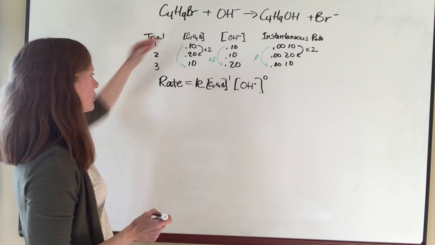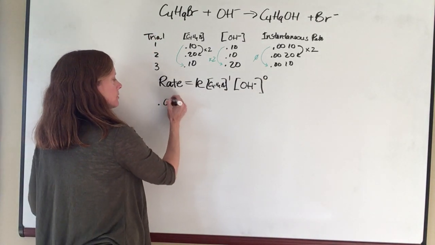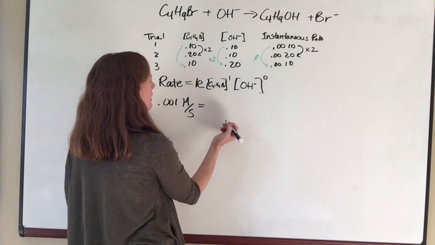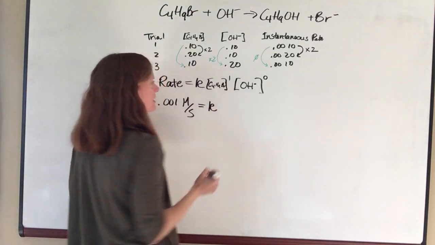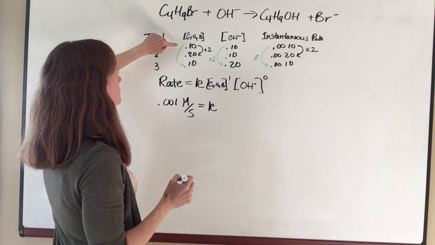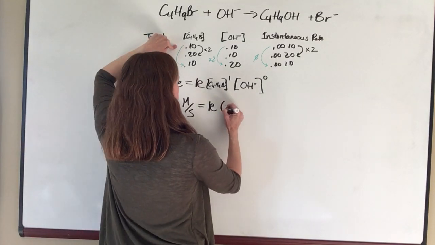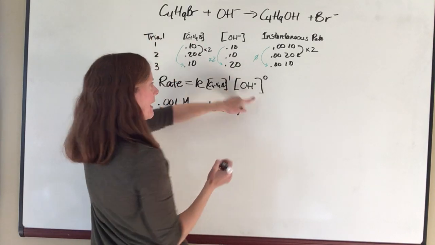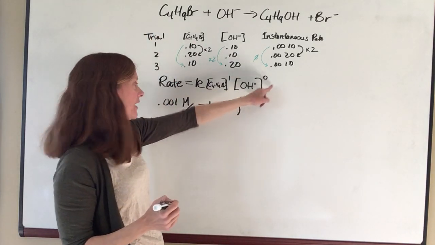So I'm going to pick the first trial, 0.001. Let's see if I can remember my units this time. Molarity per second equals the rate constant times the concentration of C4H9Br, which is 0.1, raised to the first power. And this one doesn't have any effect on it.